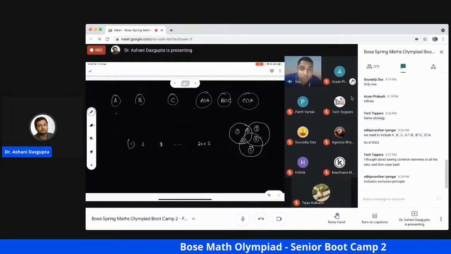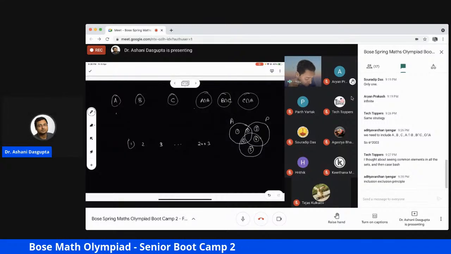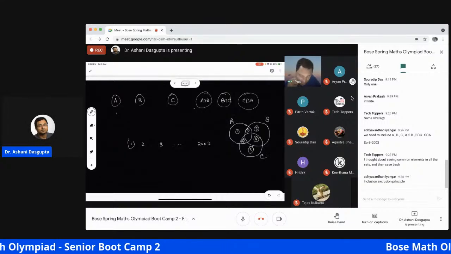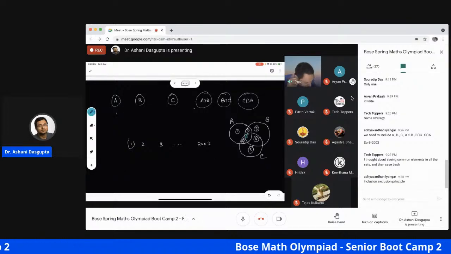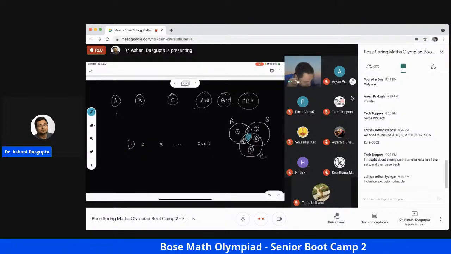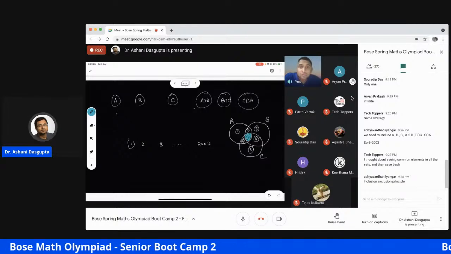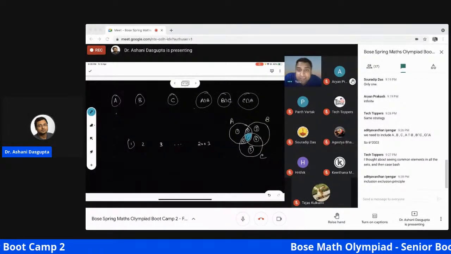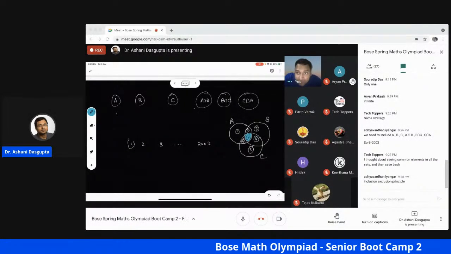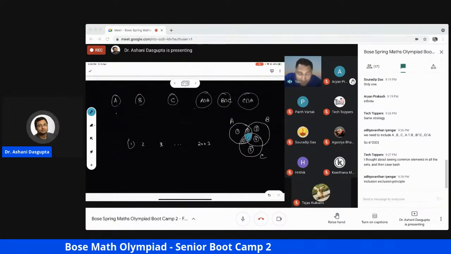There are 6 regions in this picture, right? If this is A, this is B, this is C, this part, the A intersection B intersection C part, is empty. So nothing goes in there. Now, if we remove that part, we have precisely 6 distinct regions where each element can go, right?